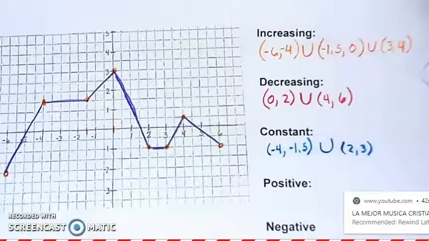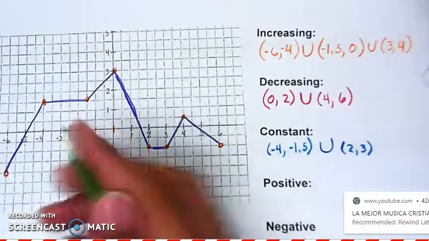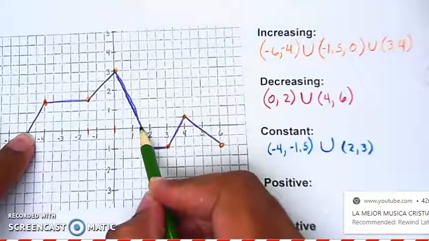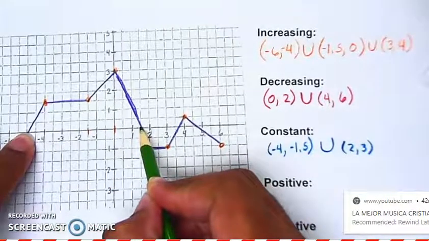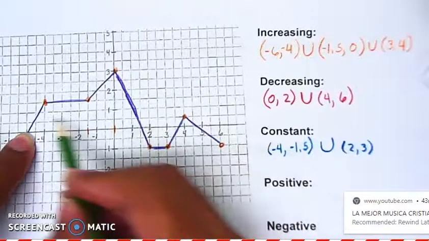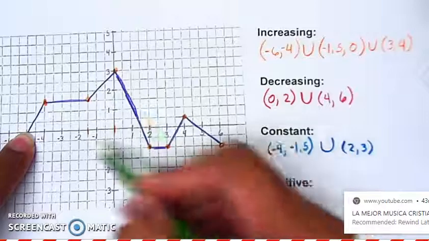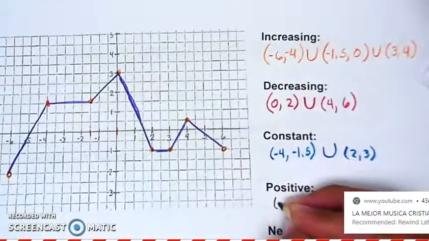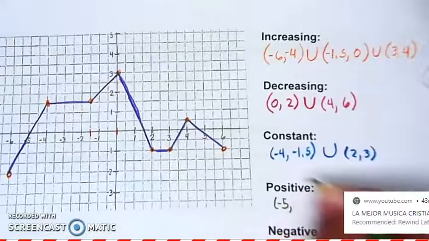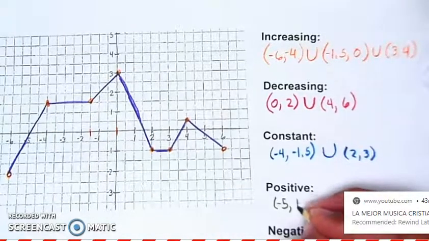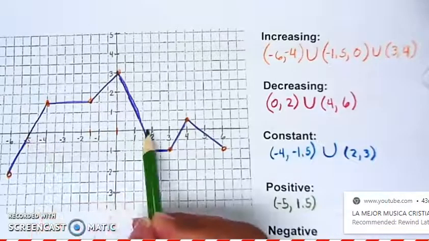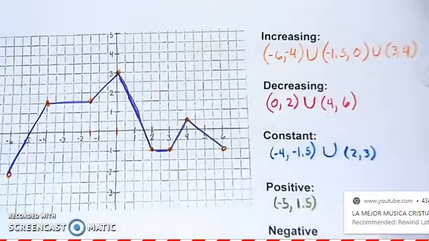So that means here, as we're looking at everything from -5 all the way until we get about positive 1.5, everything right there is above the x-axis. All of that right here is positive because it's above the x-axis. So from -5 to 1.5, everything here is above the x-axis, which means it's positive.